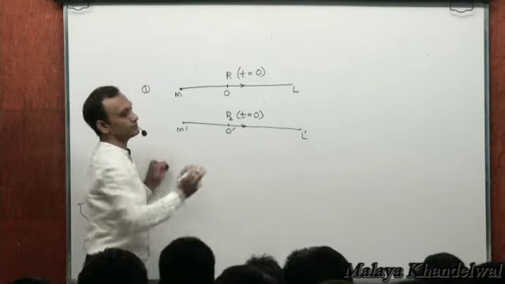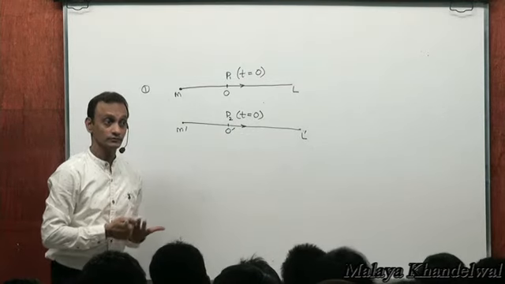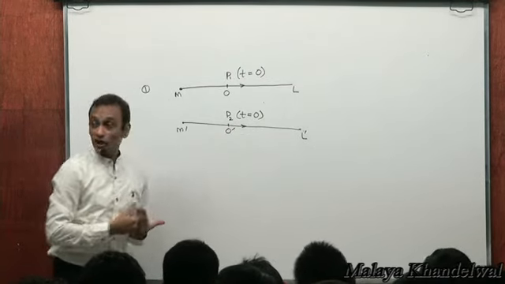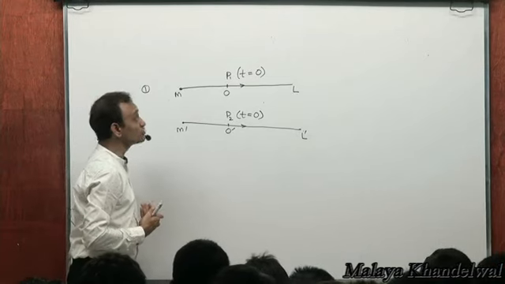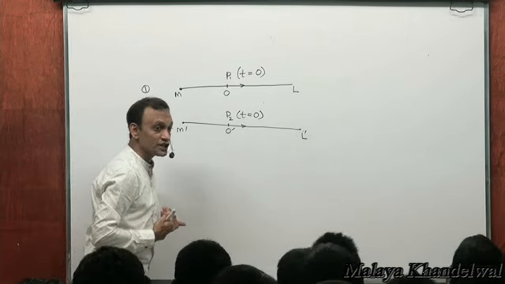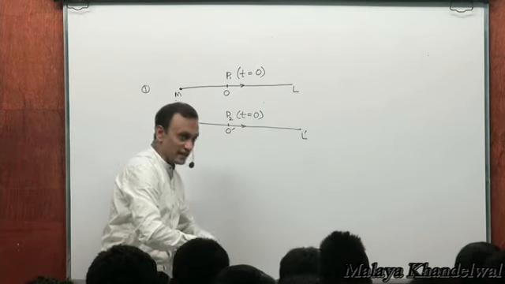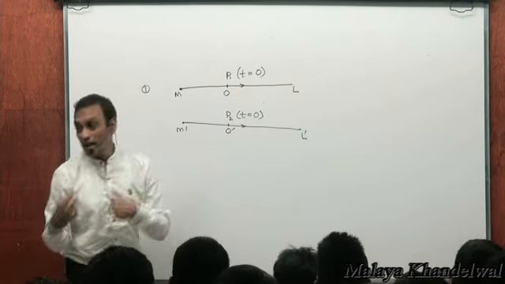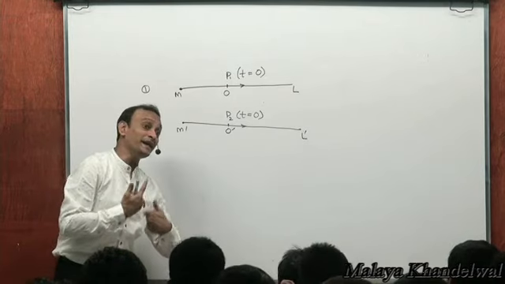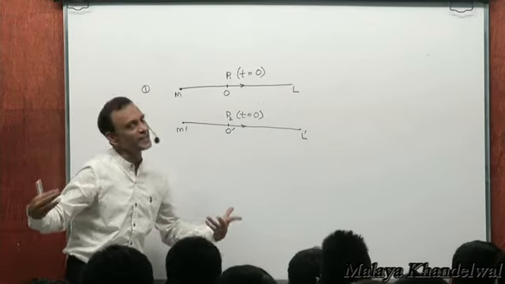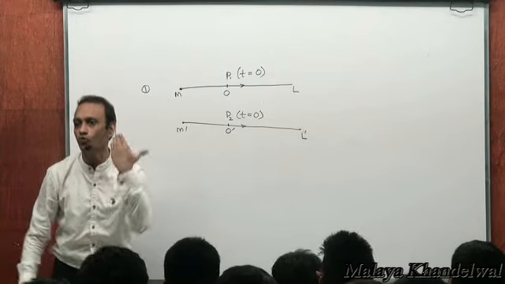It's right here. Right? Yes or no? That means at time t equal to 0, both oscillators are headed in the same direction, have the same velocity, are at the same position. Their kinematic states are identical at time t equal to 0. Yes or no? Yes, sir.